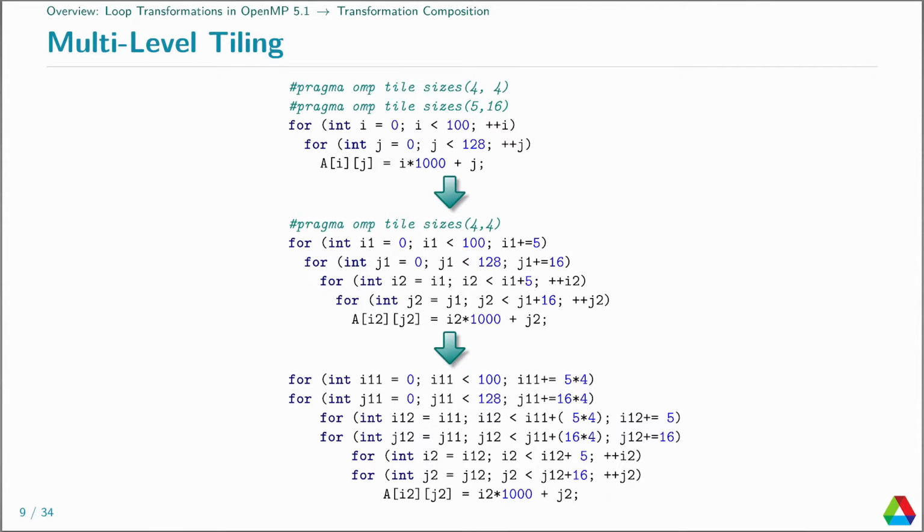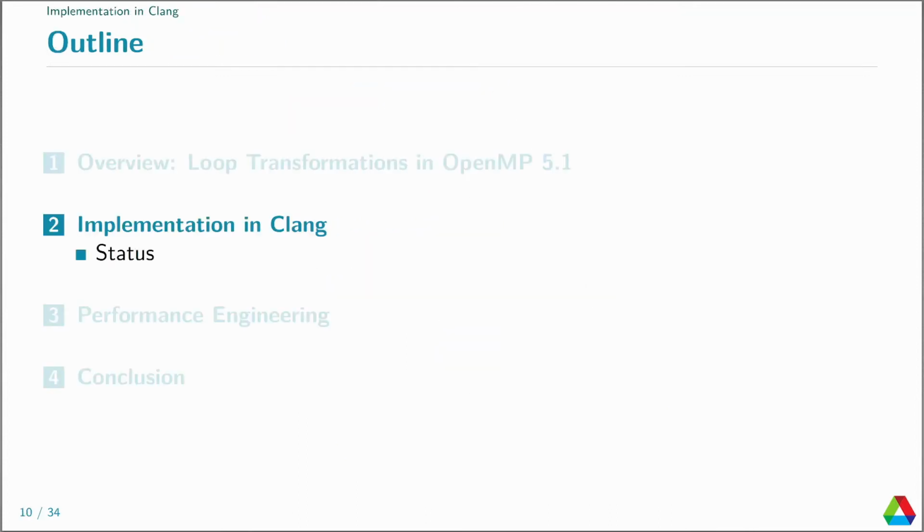For instance, one can choose a tile size that fits into the L1 cache and another tile size for the L2 cache. Such nesting gets significantly more complicated with more loop transformations, especially with partial tiles involved as well, and I'm glad that the compiler can do this for me.